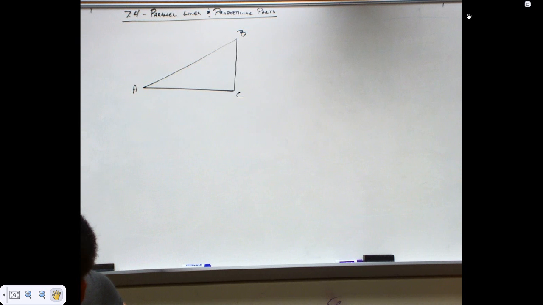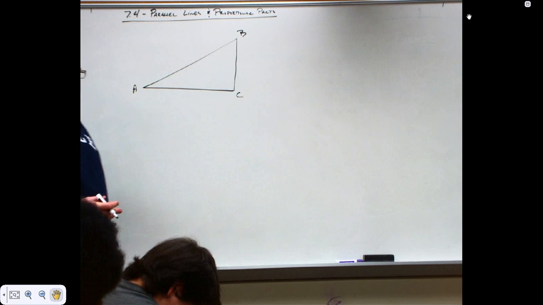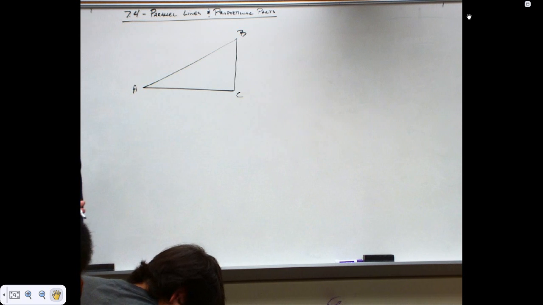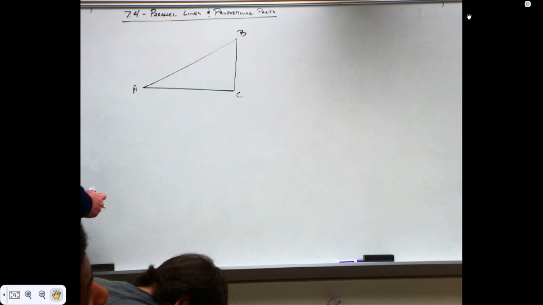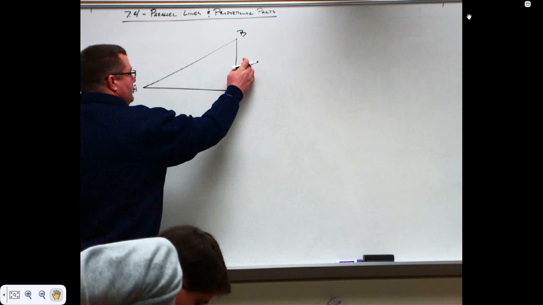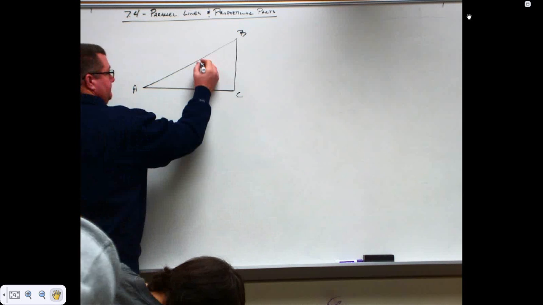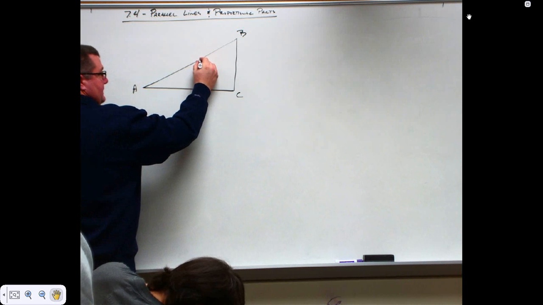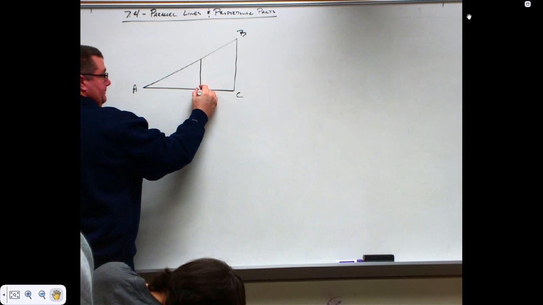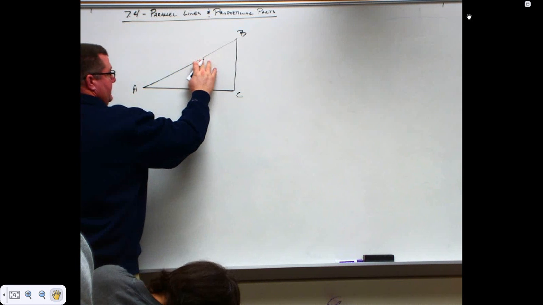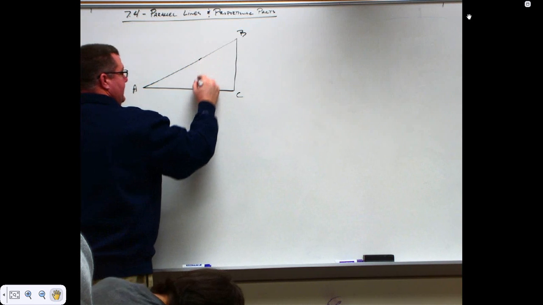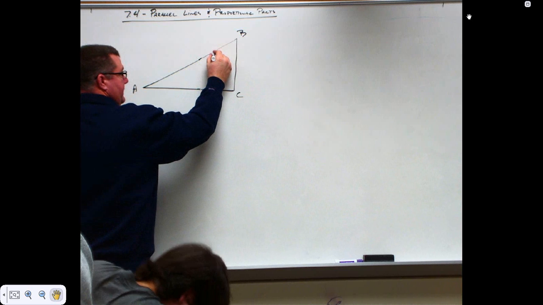What we're going to do is say, what if we drew a parallel line inside of that triangle, parallel to one of the sides? So stop writing the theorem. I'm going to draw a line parallel to BC here. Or in essence, I'm going to draw a segment. Actually, I'm going to purposely not draw it even remotely close to the middle.